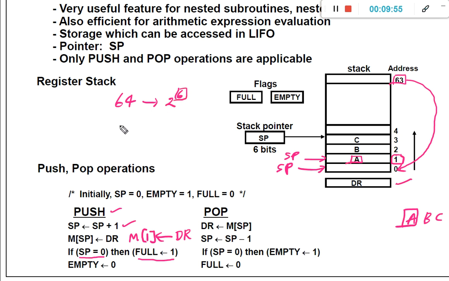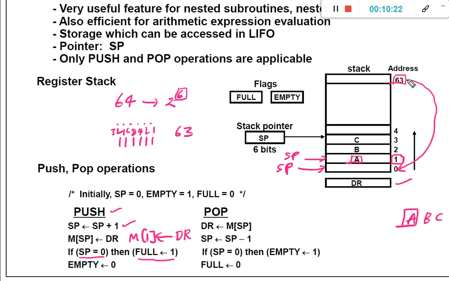So 2 2s are 4, 4 2s are 8, 8 2s are 16, 16 2s are 32, 32 2s are 64. Six bits we need. If all the bits are 1, then what is the value? 1, 2, 4, 8, 16, 32. So the value will be 63.